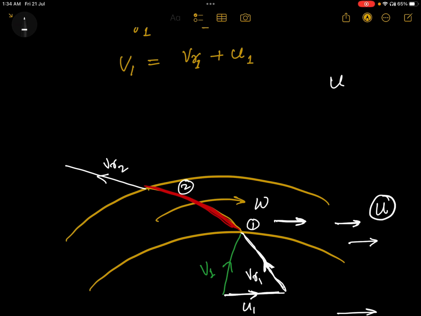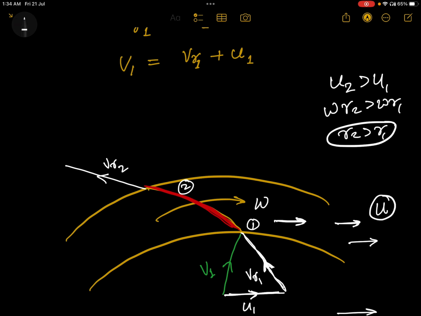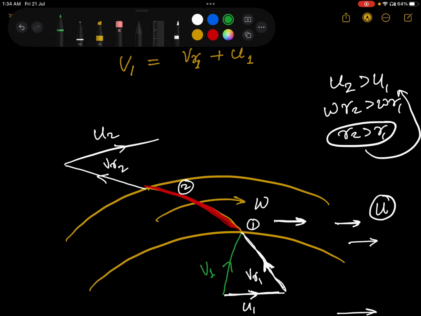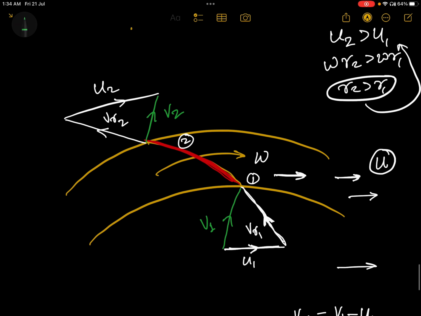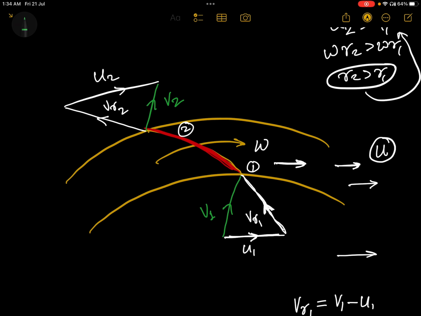For this case, U2 will be greater than U1, because omega R2 is greater than omega R1; omega is the same, and R2 is greater than R1. So U2 will be more here, and VR2 plus U2 will give V2. So this is the velocity diagram of any kind of turbo machine. Now this will apply in any kind of turbo machine. Fine.